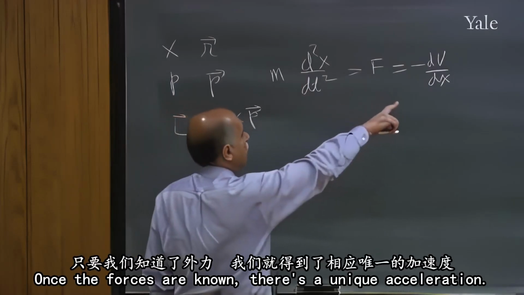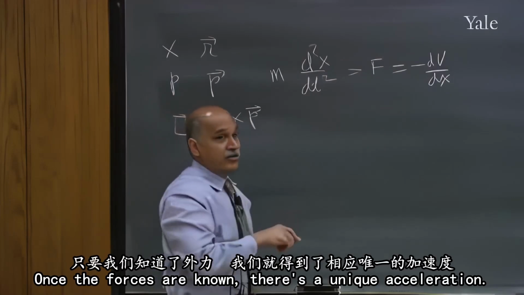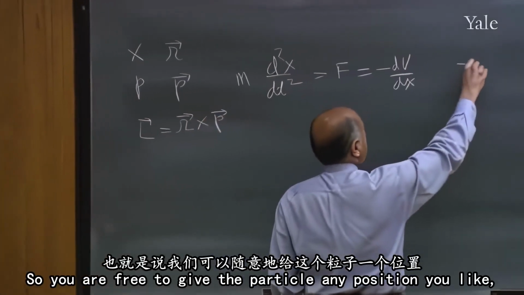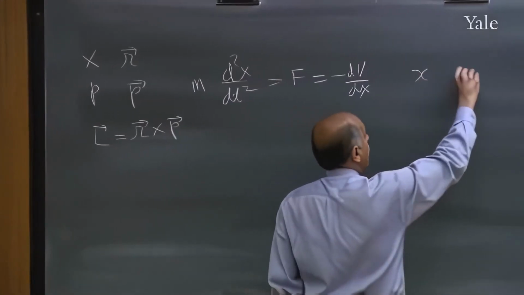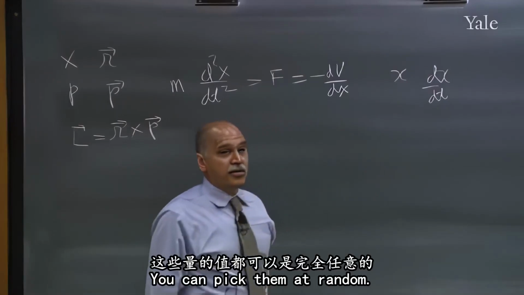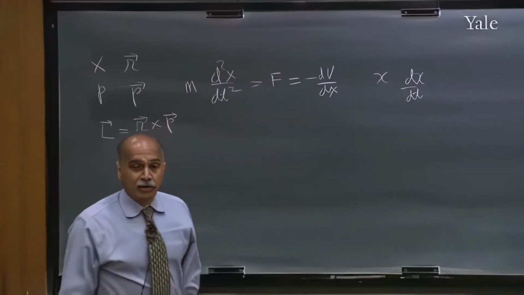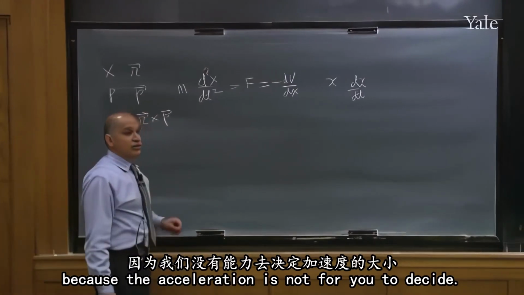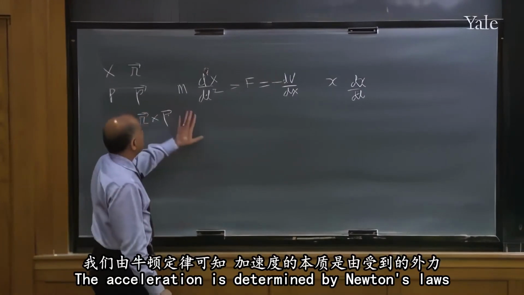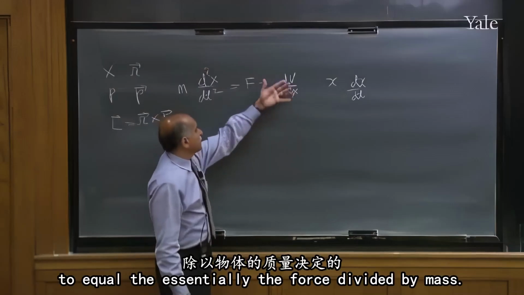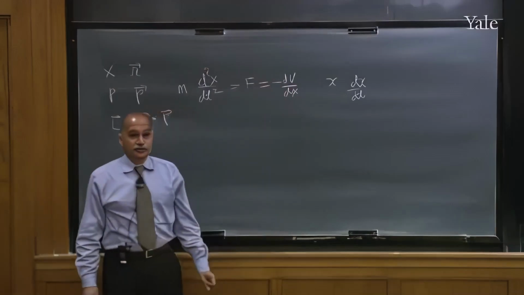Once the forces are known, that's a unique acceleration. So you are free to give the particle any position you like and any velocity dx dt. That's essentially the momentum. You can pick them at random, but you cannot pick the acceleration at random, because the acceleration is not for you to decide. The acceleration is determined by Newton's laws to be equal to essentially the force divided by mass.